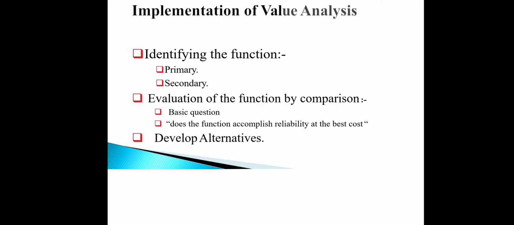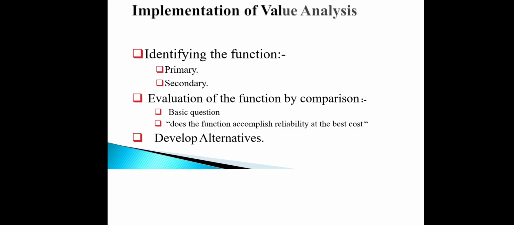To implement value analysis, identify the primary or secondary function, then evaluate the function with the basic question: does the function accomplish reliability at the base cost? The third step is to develop the alternative.